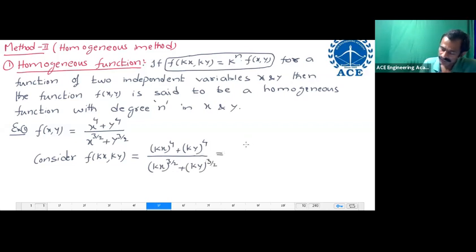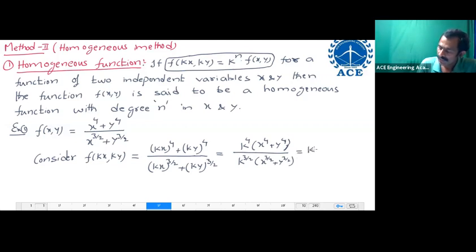This is equal to, in the numerator k power 4 is common, into x power 4 plus y power 4, divided by, in the denominator also k power 3 by 2 is common, into x power 3 by 2 plus y power 3 by 2.